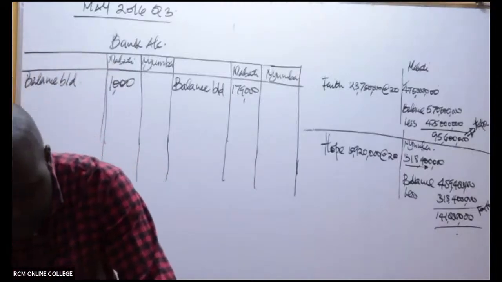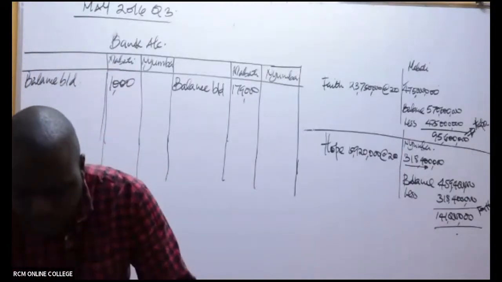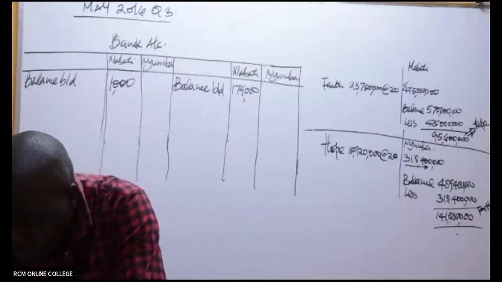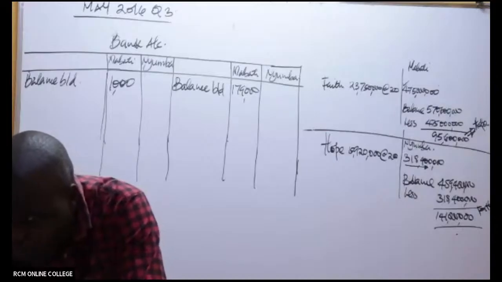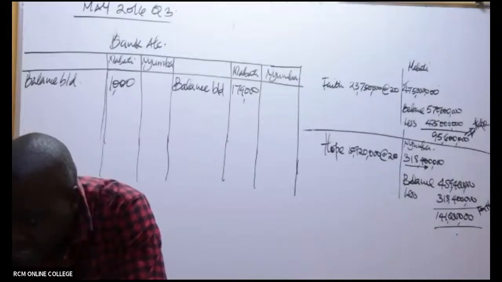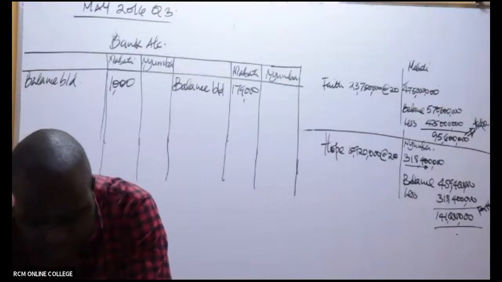Then if you look at what you've been told in note number 4 in the question, Mabati Limited also raised 20% debenture of 200 million on 1st of January 2016 and paid off the bank overdraft. The expenses incurred in raising the 12% debenture amounted to 7 million.